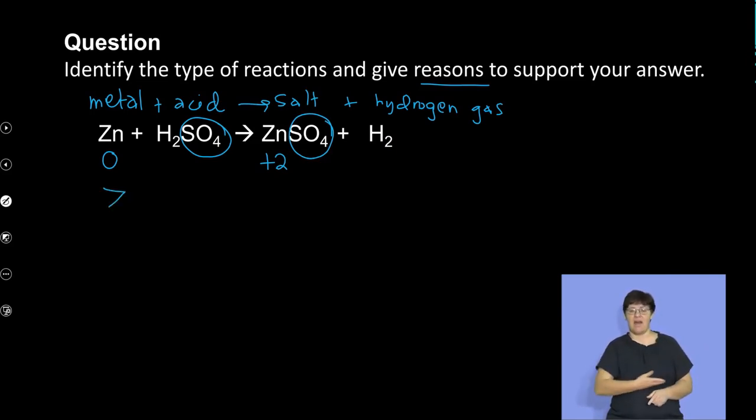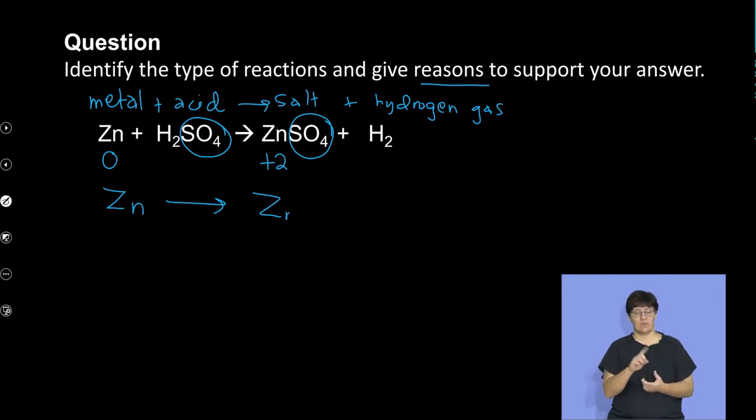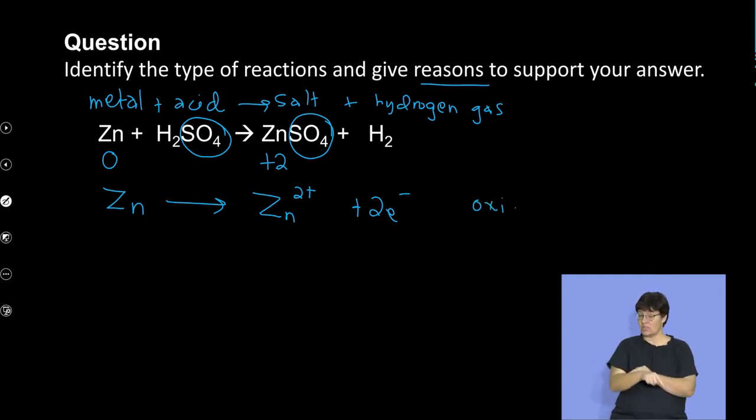So this is going to be zinc to give us zinc 2 plus, plus 2 electrons. Immediately we are thinking this has to do with loss of electrons. So this is oxidation. This is an oxidation half reaction.